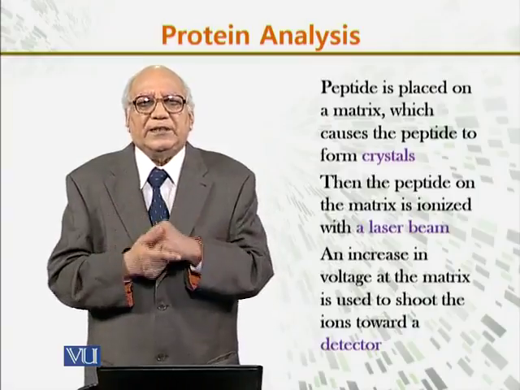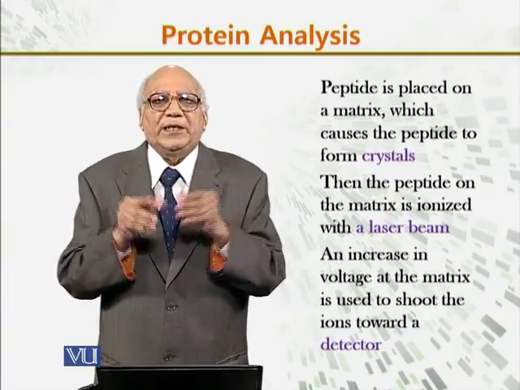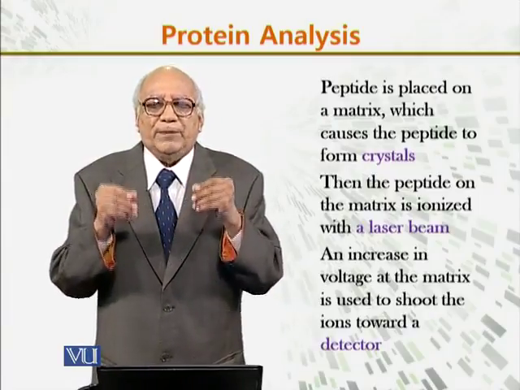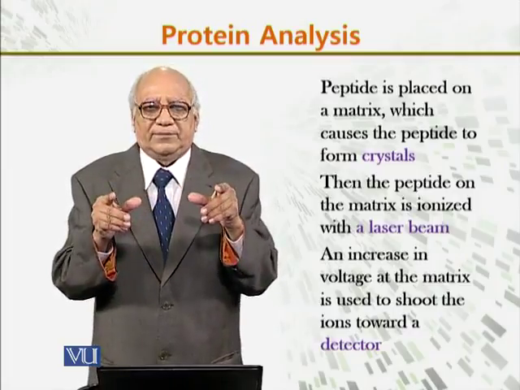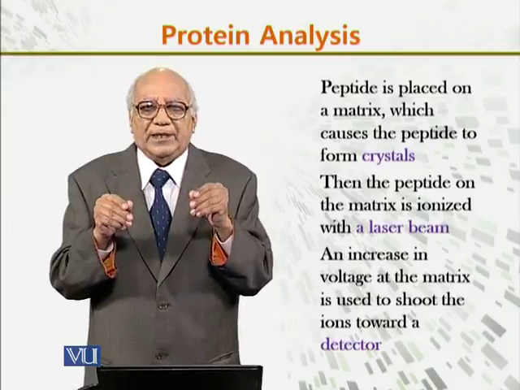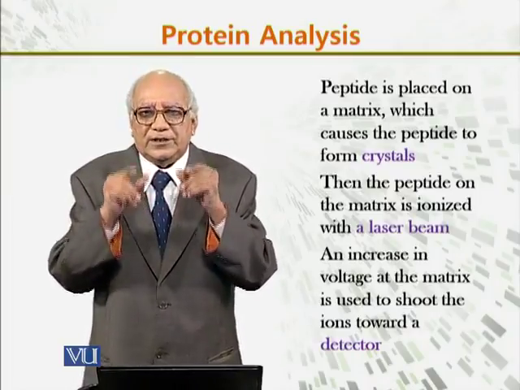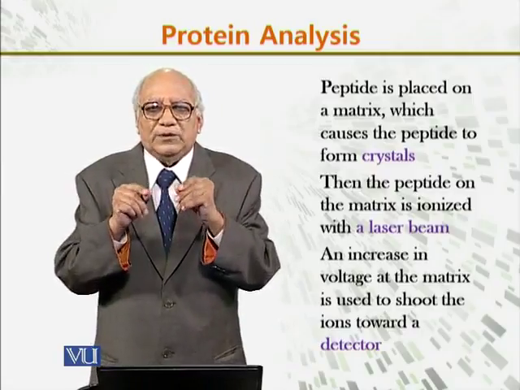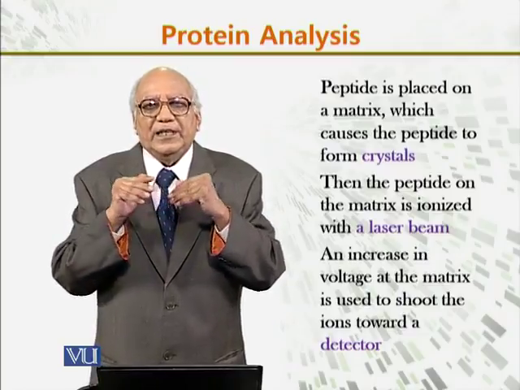In this case, what is done? The peptides which we obtained previously are put on a matrix, which causes the peptides to form crystals. So we make crystals of the peptide, and then the peptide on the matrix is ionized with a laser beam.